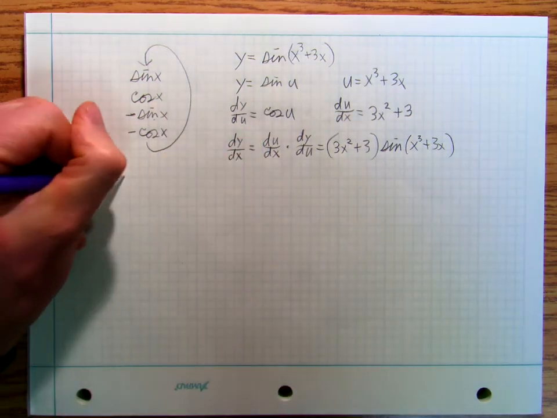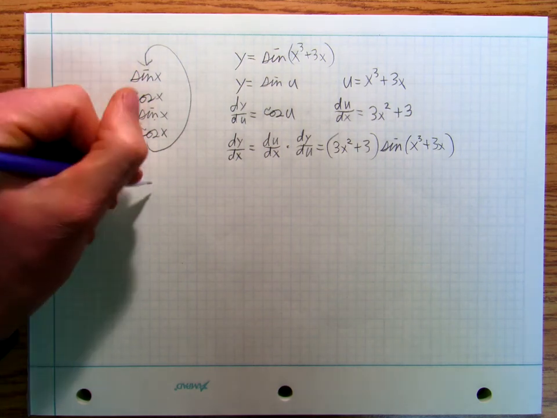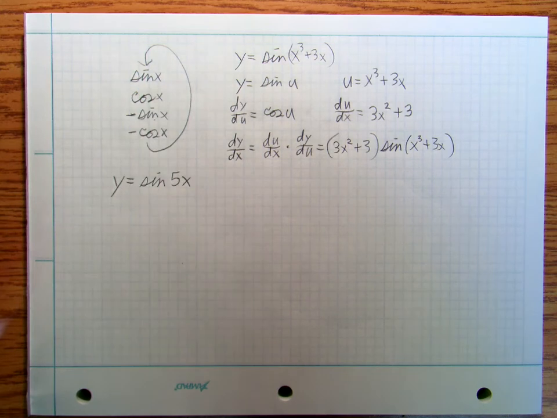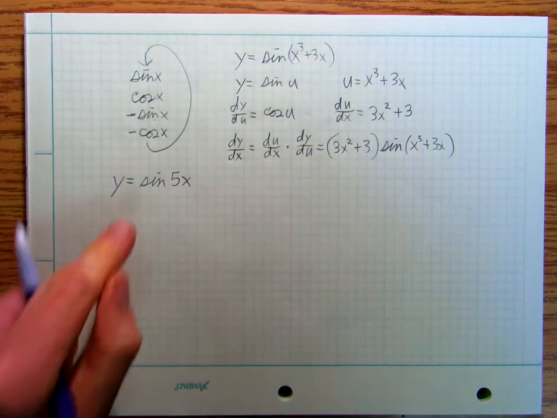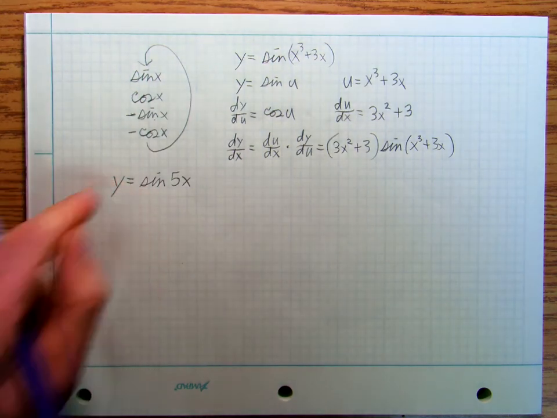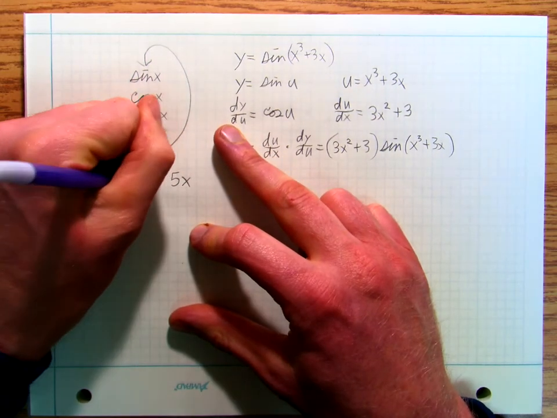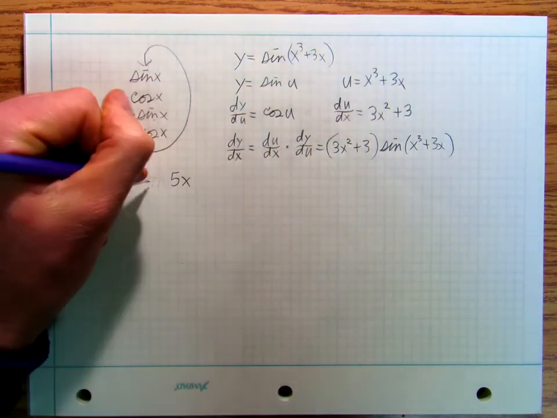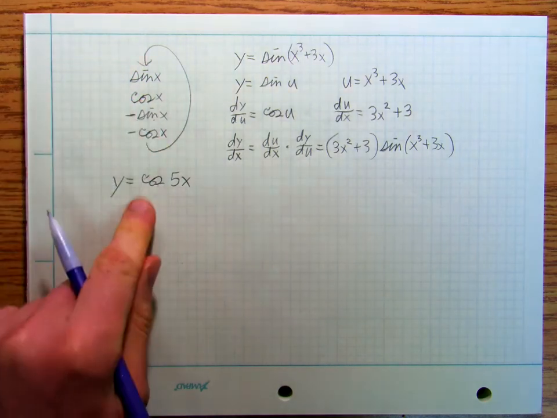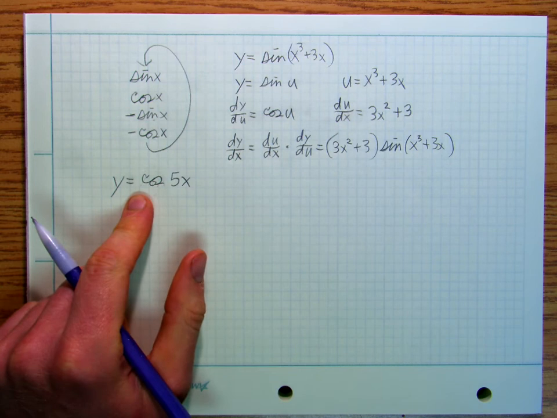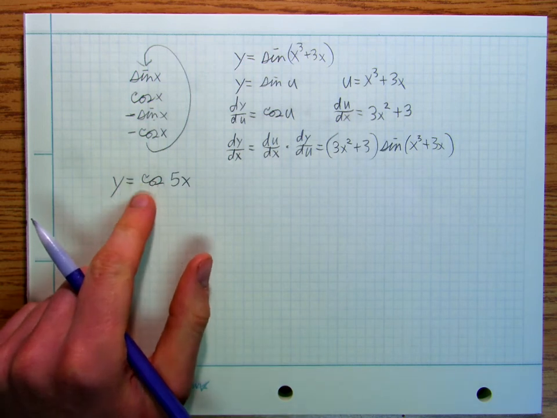Now, I did a more complicated one first. This is one that I wish I could make you watch a million times. Let's do this one. Calculus students just botch it all the time because they don't see that it's a chain rule problem.